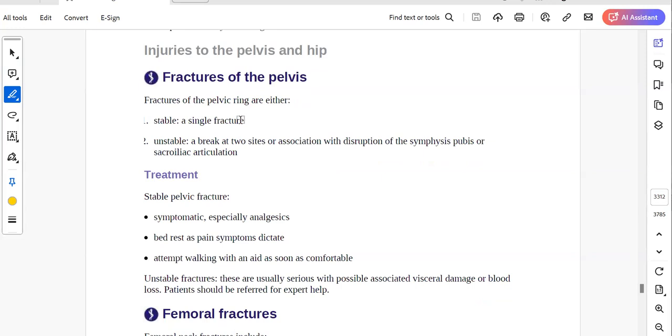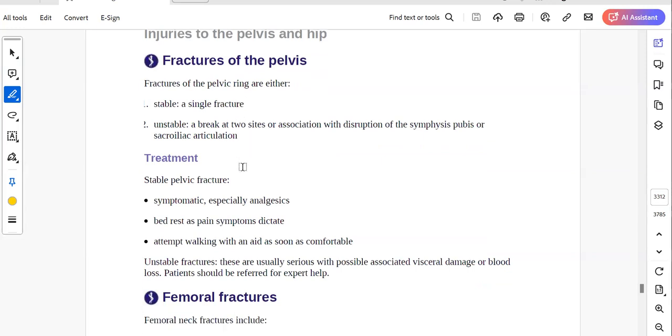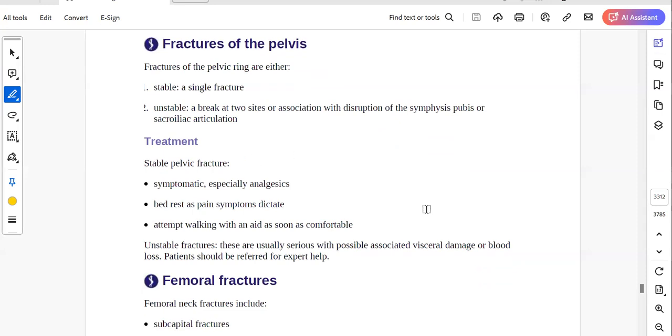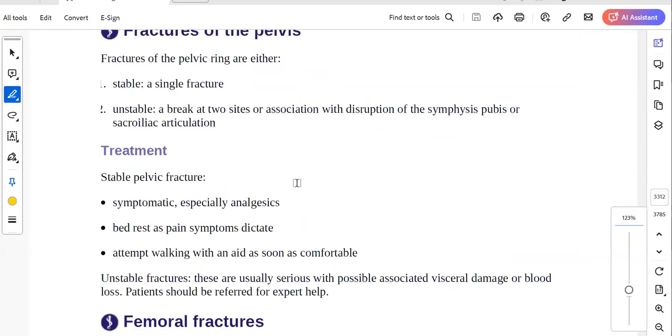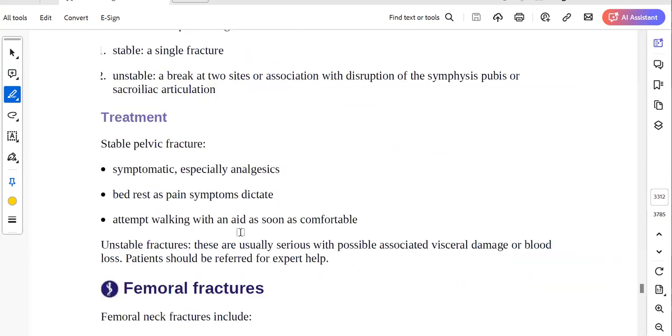Fracture of the pelvis: we had a discussion in our class on how to manage a fractured pelvis. With a fractured pelvis, you need to consider the possibility of internal injury as well.